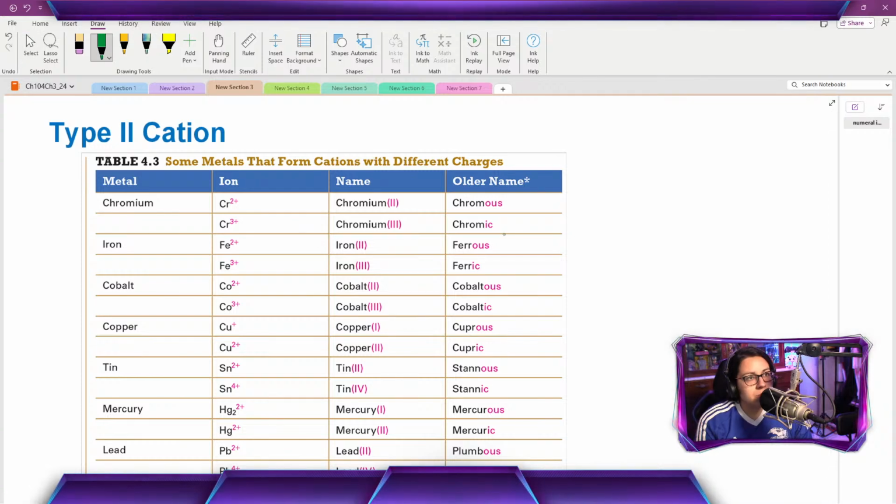It used to be that for the lower oxidation states, in this case the two most common ones like chromium 2+ and 3+, the lower oxidation state takes the ous form, the higher takes the ic. You can see that with iron 2 and 3. But again, we don't do that. It's a lot simpler just to use a Roman numeral, and that's a lot more helpful and universal.